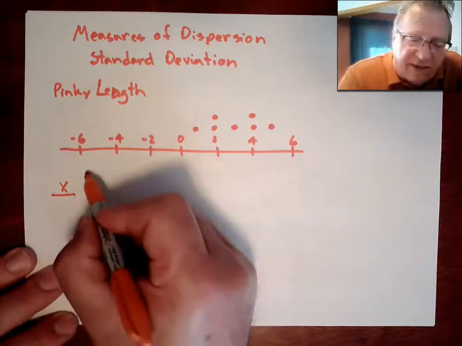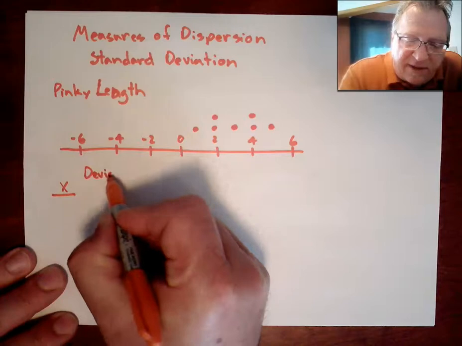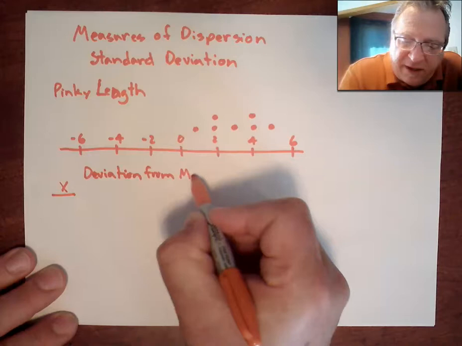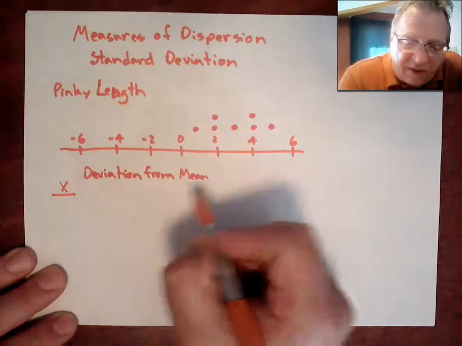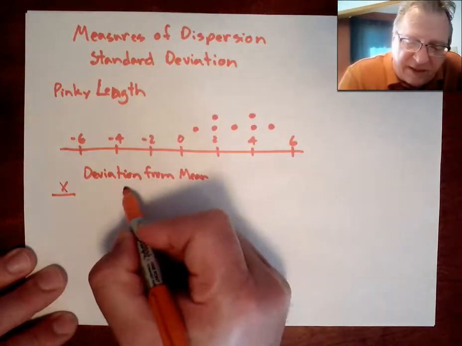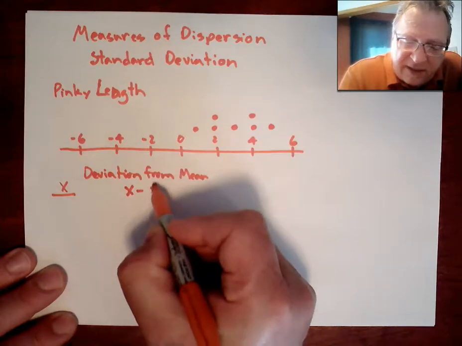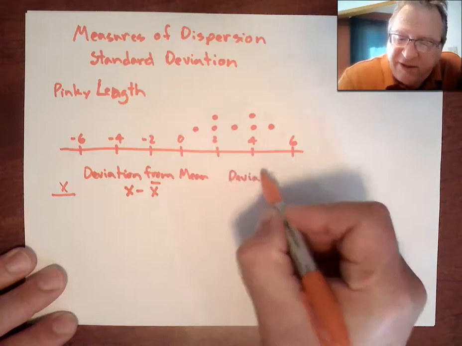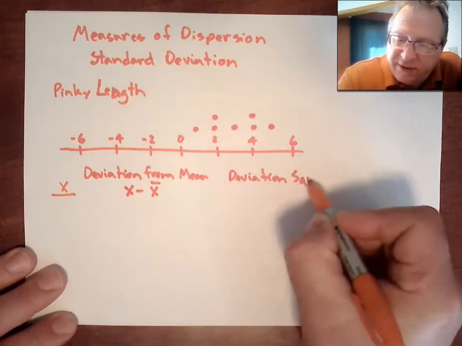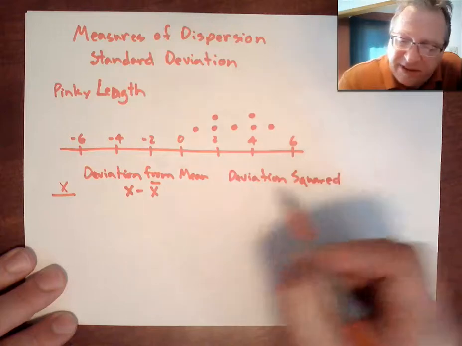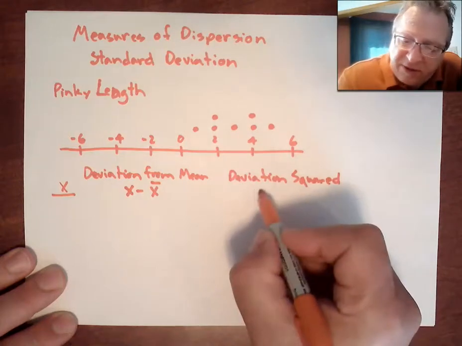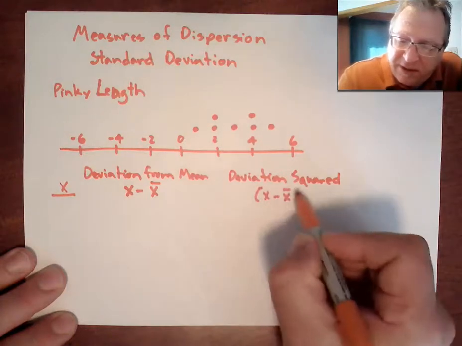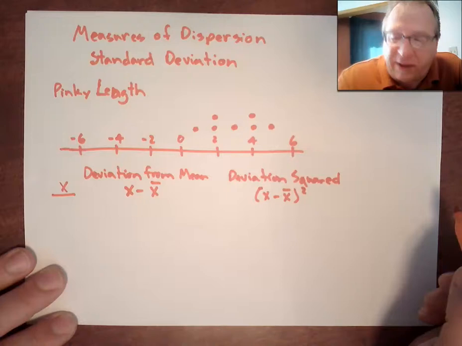We're going to calculate the deviation from the mean, and we'll symbolize that as x minus x bar. And then we're going to also calculate the deviation squared. So that means we take our value in the prior column, our x minus x bar, and we simply square that quantity.